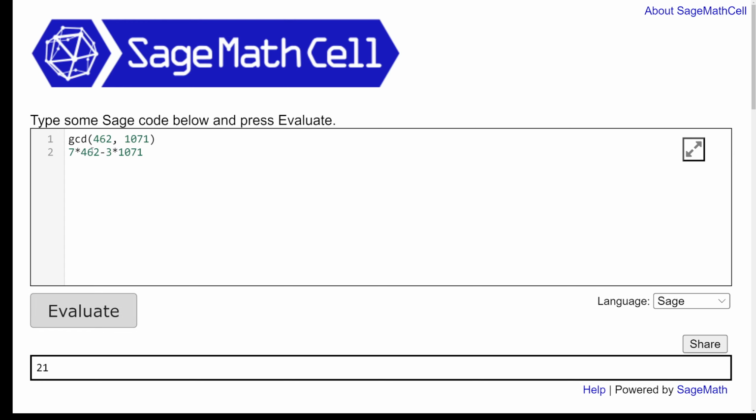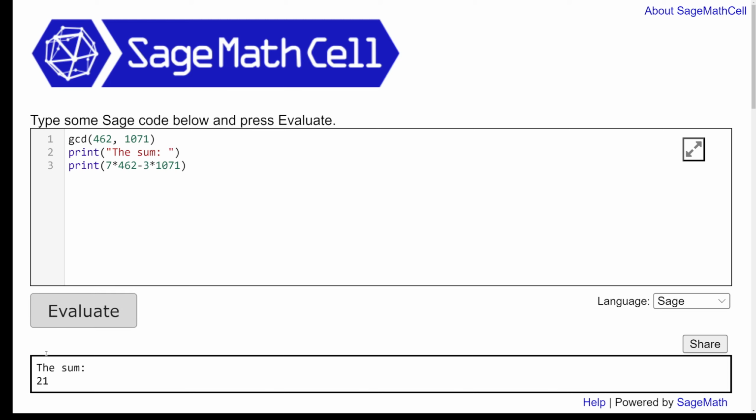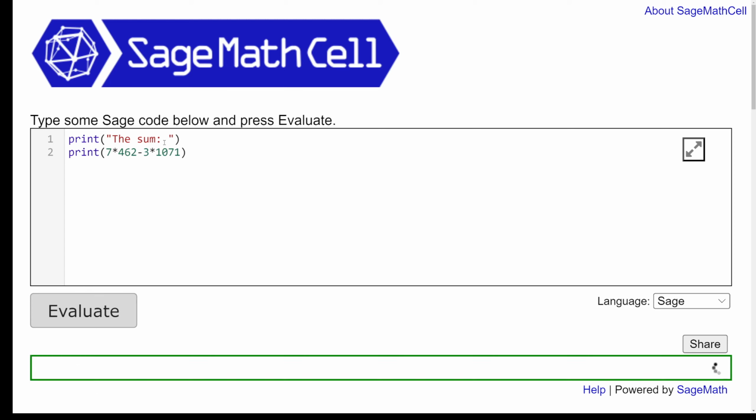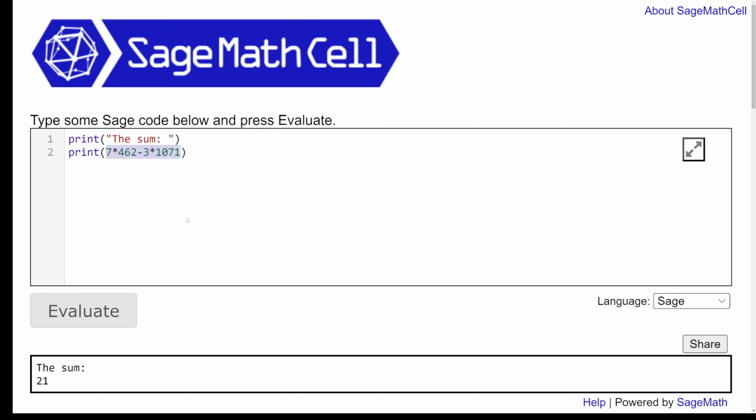Let's just make sure it's doing the right thing. Let's print the sum. Okay, so the sum is 21, and in fact, if I got rid of that line, that is also 21. So only this is printing. You can see that this gives us the right combination.